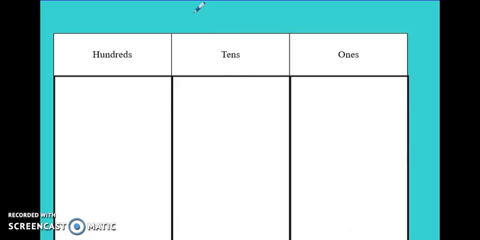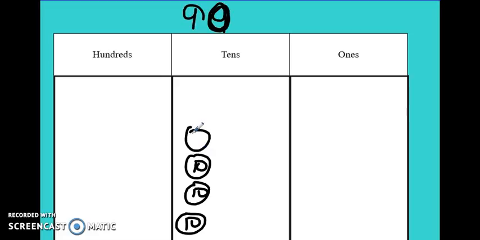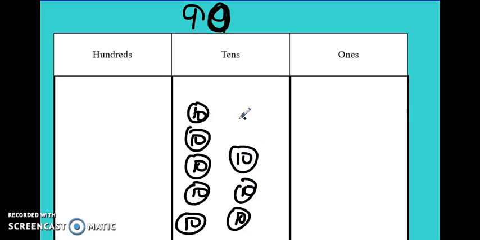Let's look at some bigger examples. Let's say we have the number 90. So I'm going to make the number 90 on my chart. So it's 10, 20, 30, 40, 50, 60, 70, 80, 90. Now, let's say we want to add 10 more.